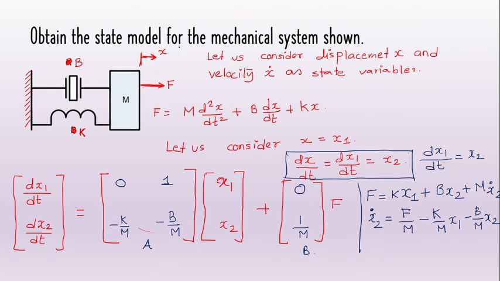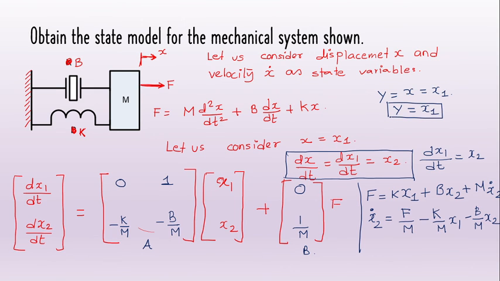Suppose you want to get the position as output. That means your output y will be equal to x. What is x? x is nothing but x1. So you can write y is equal to x1. This is your output equation.